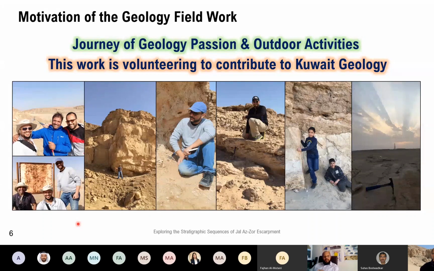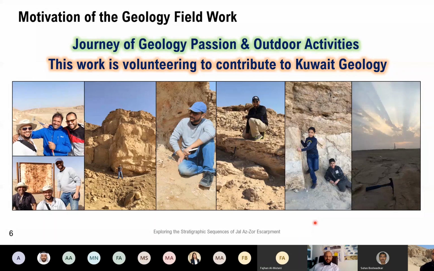All of these members contributed to this work, and all of the work that we have done was done voluntarily. In some cases, we funded ourselves. We are a self-funded group to analyze the thin sections and the XRD, and the analysis that Ali will highlight later on. But we also try to bring along the new generation of geologists.